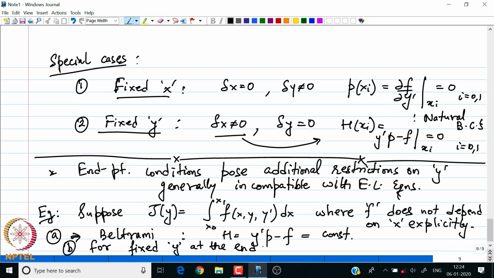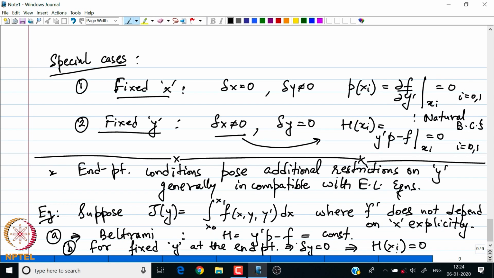Then this leads to our reduced endpoint condition, that h at xi is 0. So I get the endpoint condition B: the Beltrami function h at xi equal to 0.